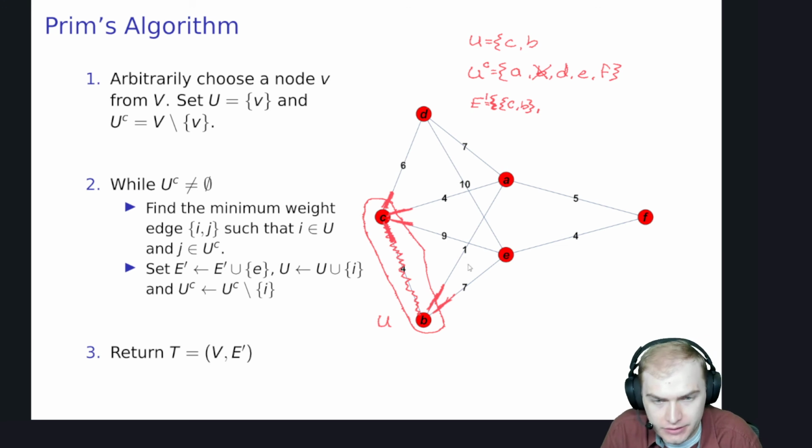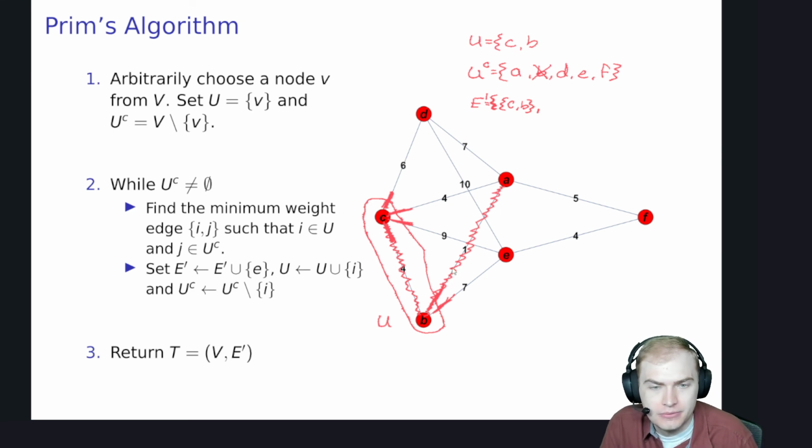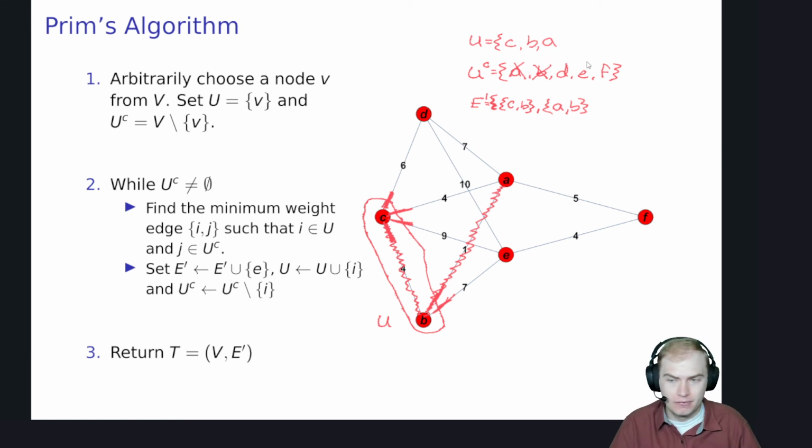The smallest one is clearly B to A, which has a weight of 1. So we add that to our edges. Cross out A from U complement, add it to U, and there we go.